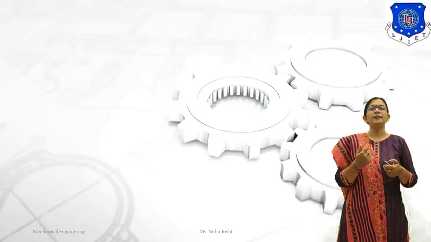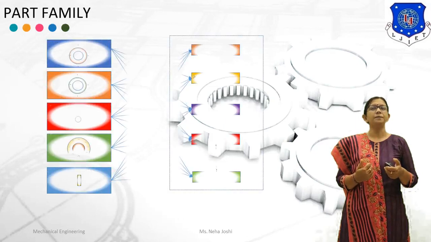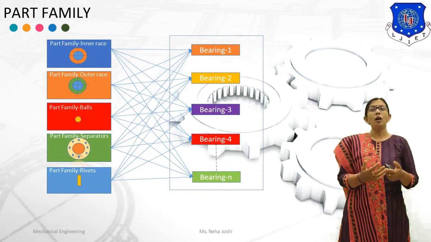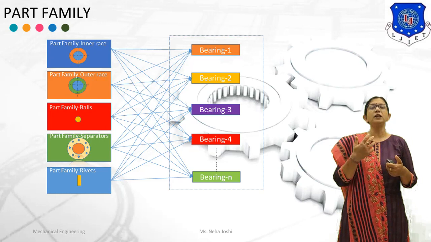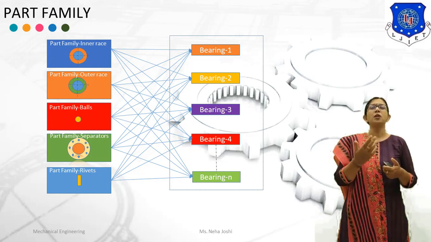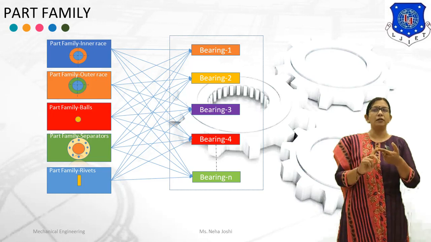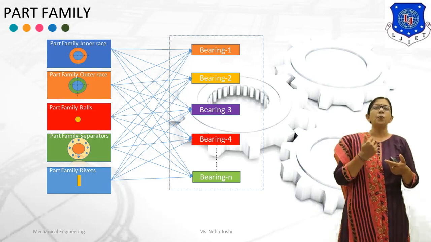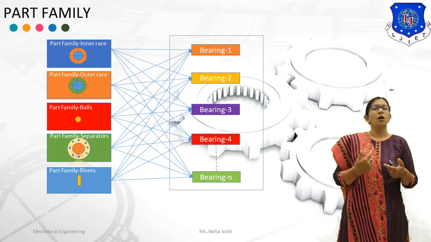Now we will take one example of a part family. A ball bearing company manufacturing different types of ball bearings needs to manufacture a number of varieties of inner race, outer race, ball, and separators.